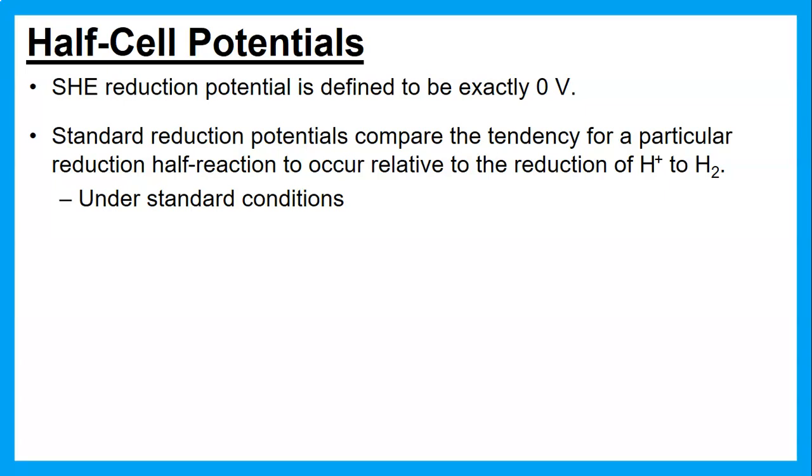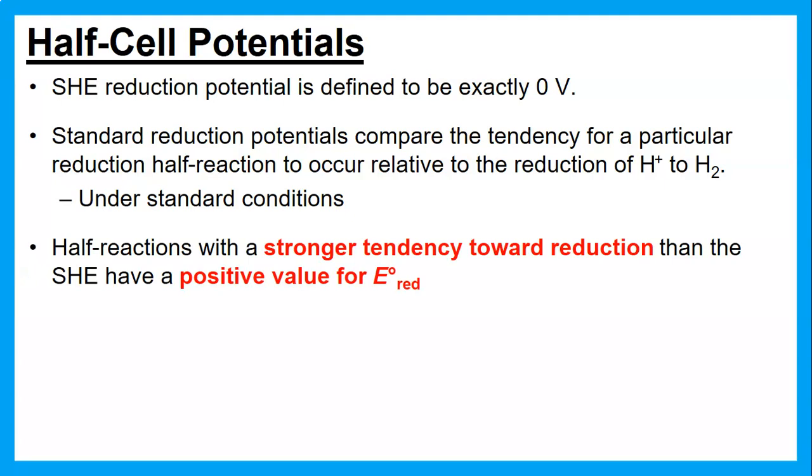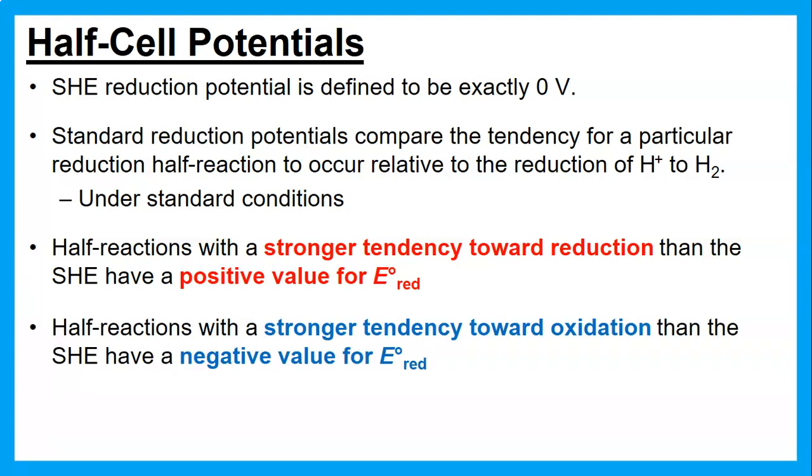If something is more easily reduced, if it has a stronger tendency to be reduced, we will give it a positive value. If it is more likely compared to hydrogen, we would have a positive. If it would rather be oxidized, if it has a tendency towards oxidation, then we have a negative value because it is less likely to be reduced compared to the hydrogen.